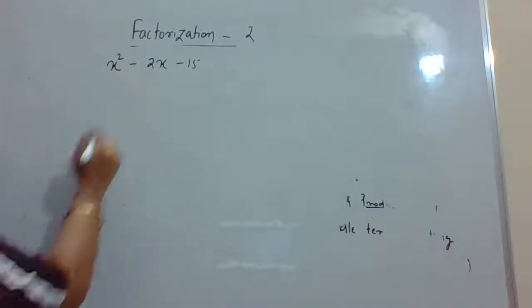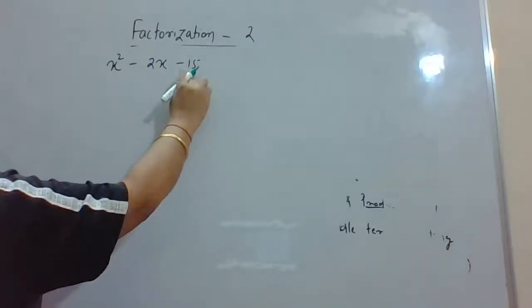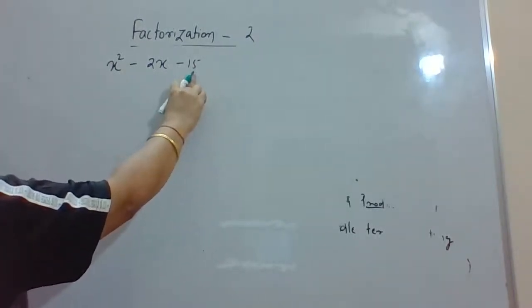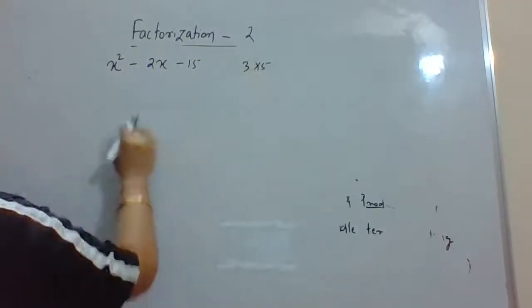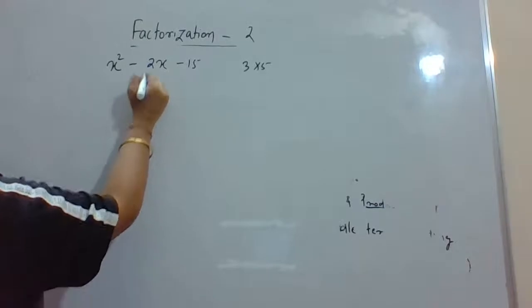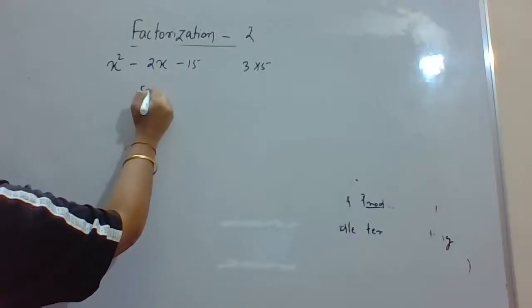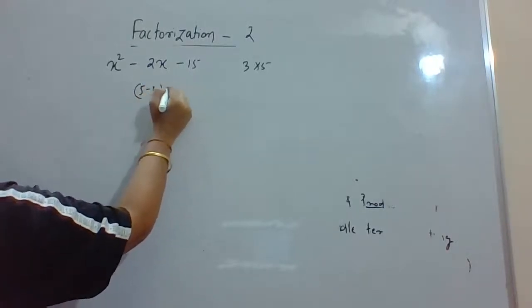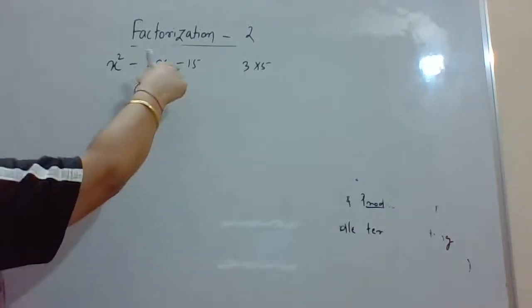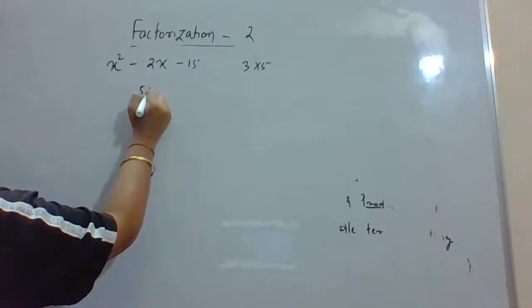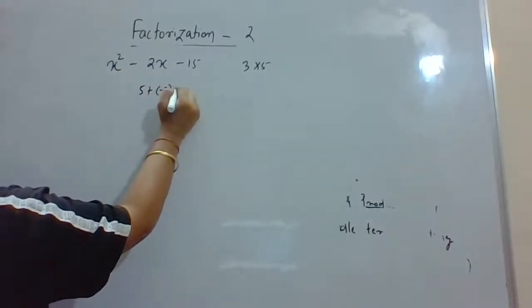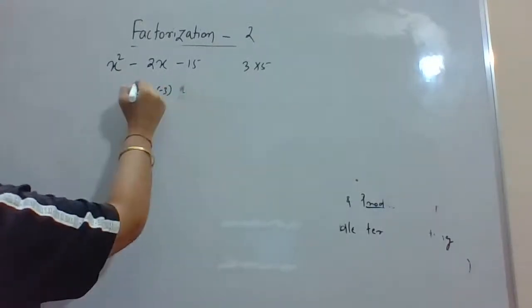So 2 must be expressed using factors of 15. If I take 3 into 5, the difference between these two is 2. So 2 can be written as 5 minus 3 into x. Or if you want to write it properly, 5 plus minus 3 into x.